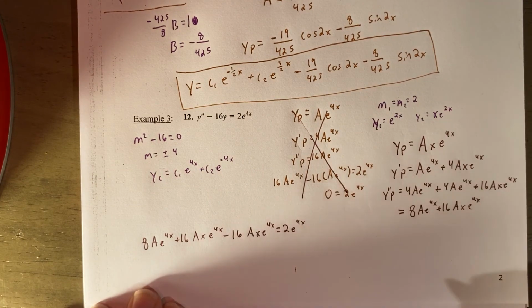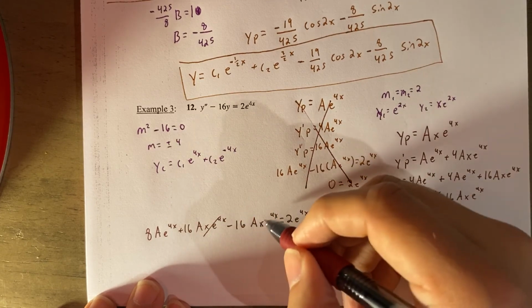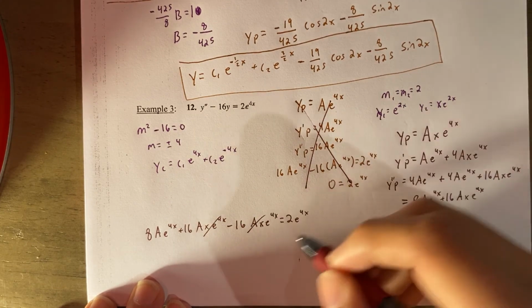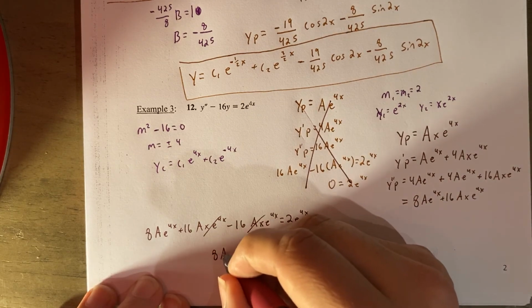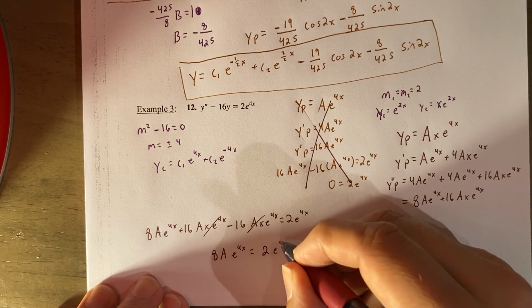What you're going to see is that the a x e to the 4x terms cancel out, and we're left with 8a e to the 4x equal to 2e to the 4x.